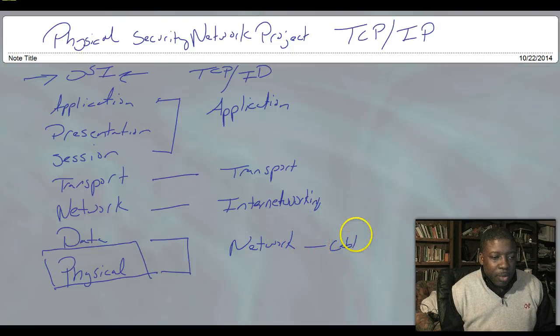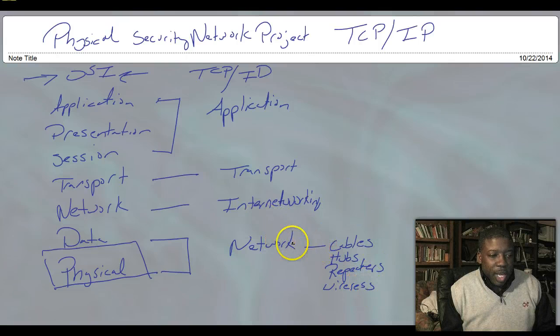You have your cables, physical things like your hubs, repeaters, and wireless. So that's what you have here. I'm going to put physical network too, just so that we stay on point.